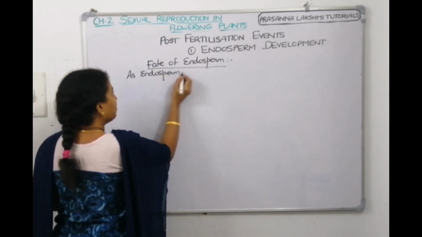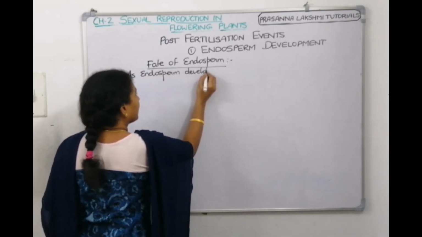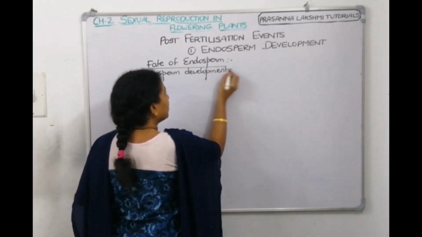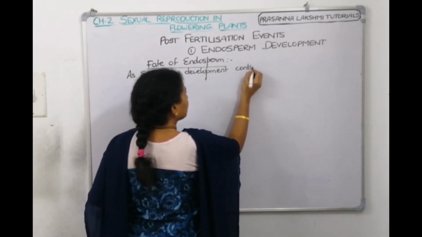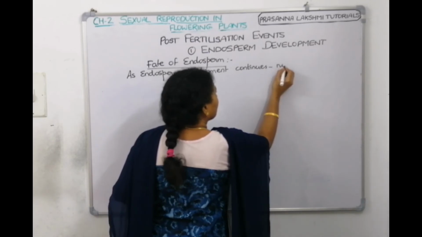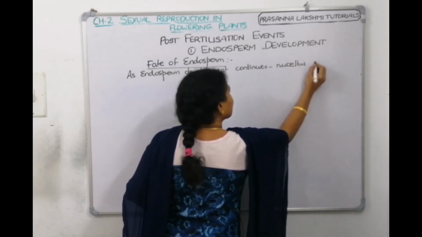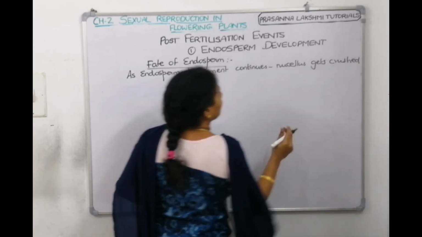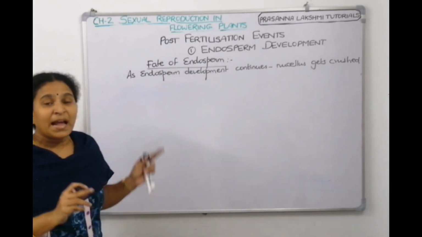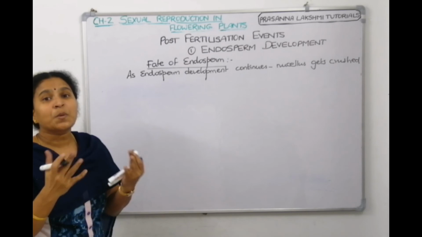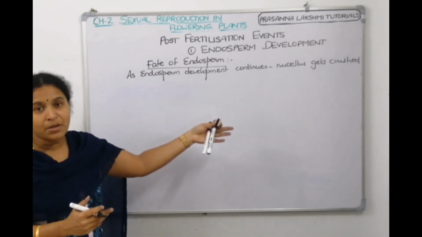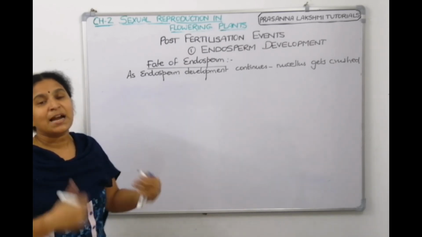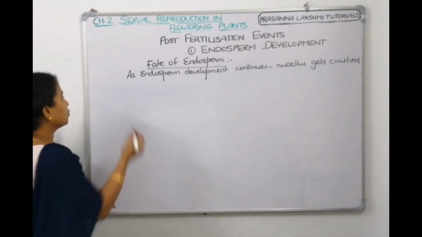So, as endosperm development continues, nucellus gets crushed. It will not be there. Nucellus gets crushed. And inside the endosperm, who is there? We are drawing the embryo. And this embryo starts consuming this endosperm also.